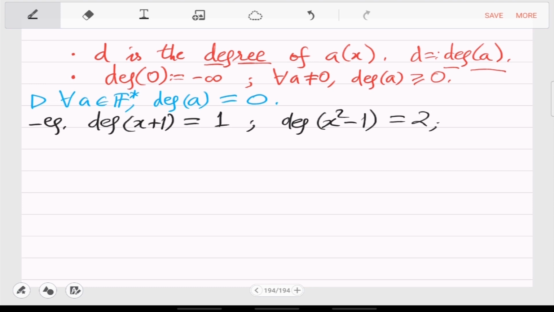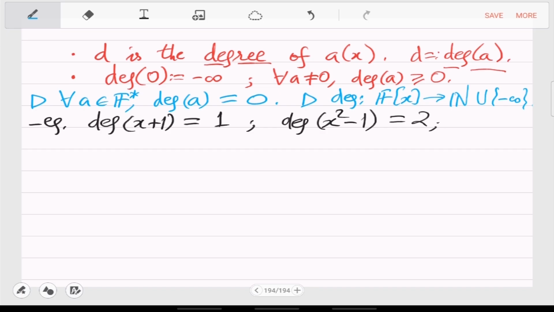Degree is basically a map from the polynomial ring to the natural numbers union minus infinity. So degree sends every polynomial to either 0, 1, 2, and so on, or to minus infinity. That's the domain and range of the degree function, or degree map.